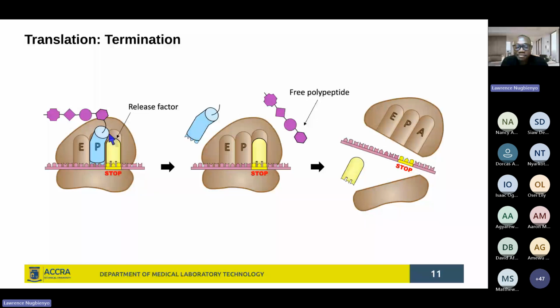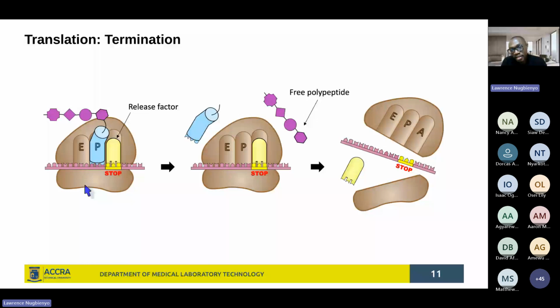And at the same time, it also activates the process of hydrolysis of the peptide which is being formed, to be released from the transfer RNA. You see, there's a last transfer RNA which is in the P site. So that will get hydrolyzed and leaves the complex.